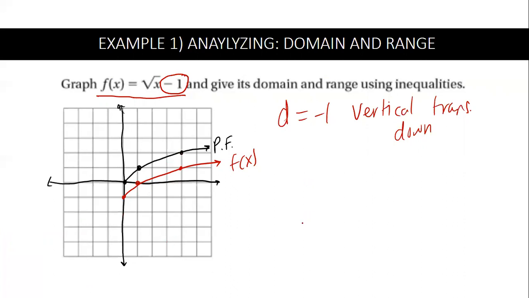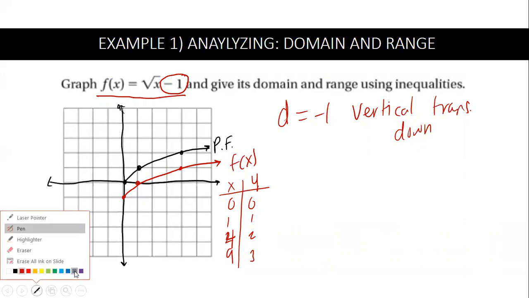If you were to look at a table to do this, remember our parent function table, where your x's are 0, 1, 4, and 9, and your y's were 0, 1, 2, and 3. What this translation is saying, remember, it affects your y values.